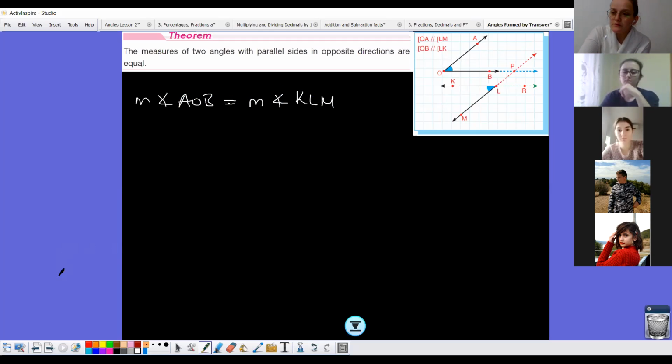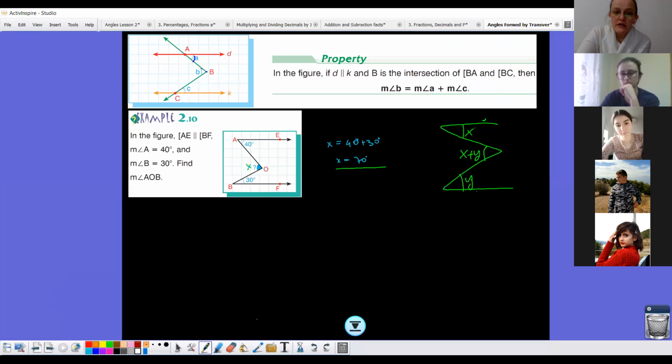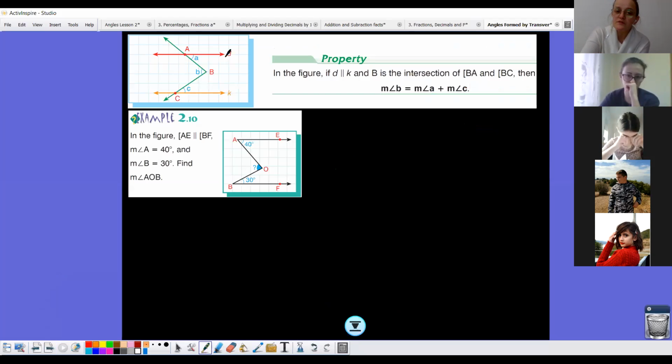Can I continue to the next one? Yes, teacher. Okay. Here we have another property and one example. As you can see in the figure, D and K are parallel to each other. And B is the intersection of the rays BA and BC, the common point here.